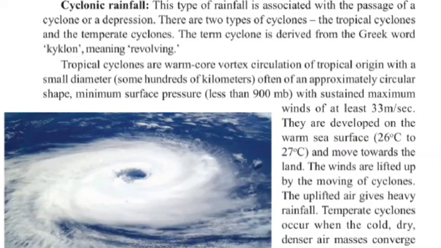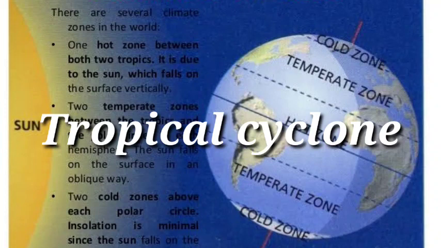So there are different names of cyclones. Okay, see, a tropical cyclone or warm core vortex is a circulation of tropical origin with a small diameter. Small diameter means here it is hundreds of kilometers.